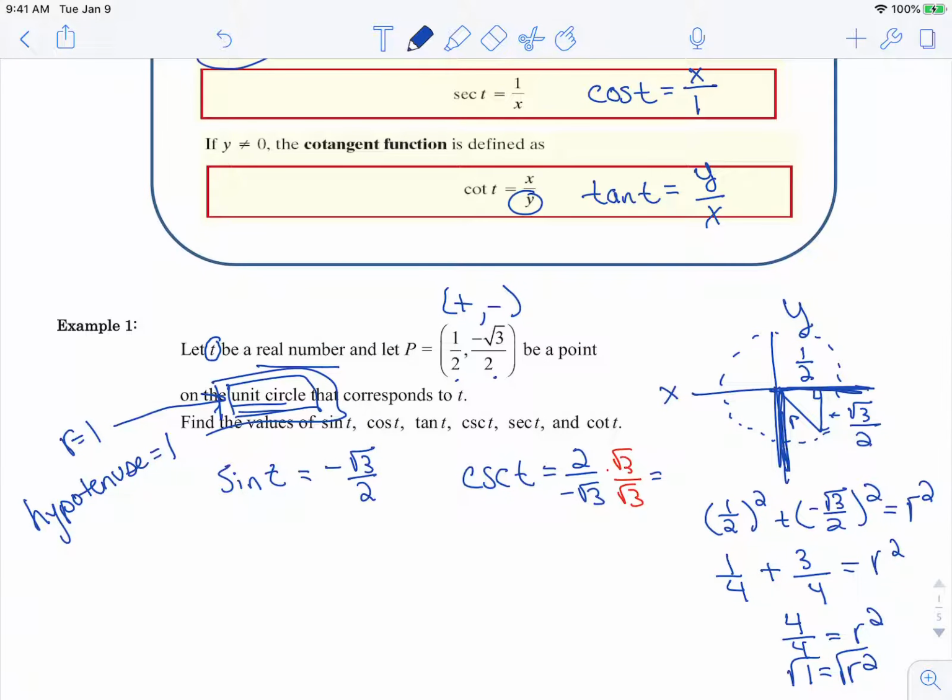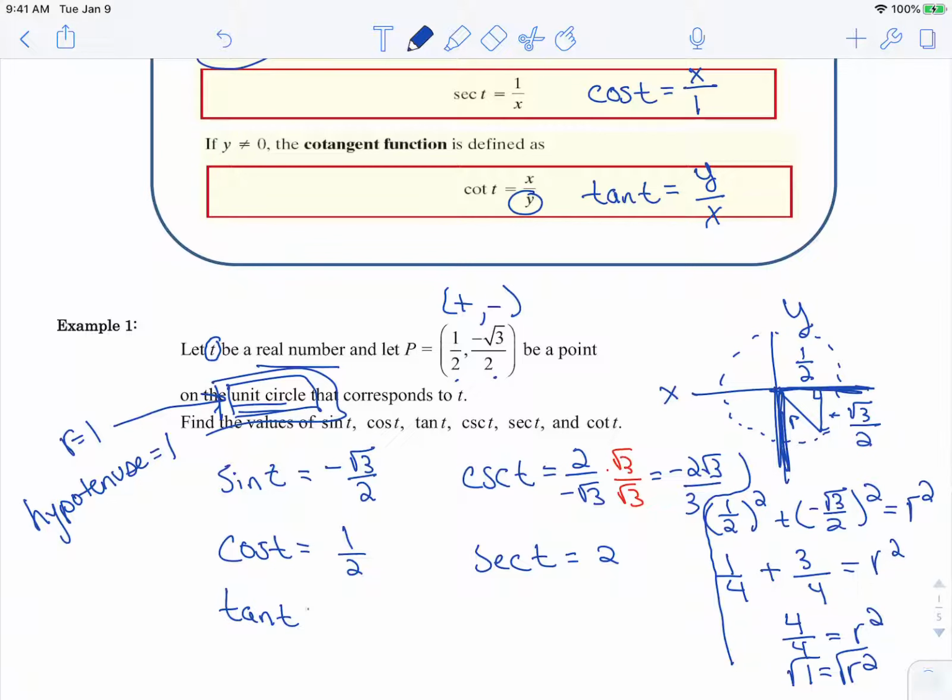And I end up getting negative 2 root 3 over 3. It does not matter where you put your negative, as long as your ratio is negative. Then I have cosine of t is 1/2. That reciprocal is secant, and that would be 2 over 1, or just 2.